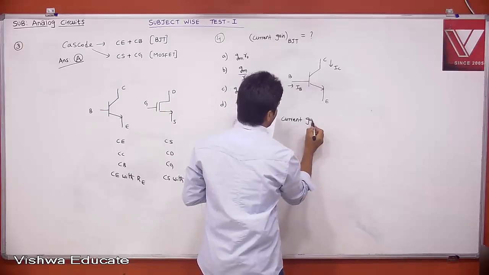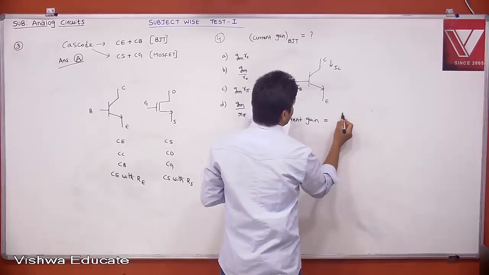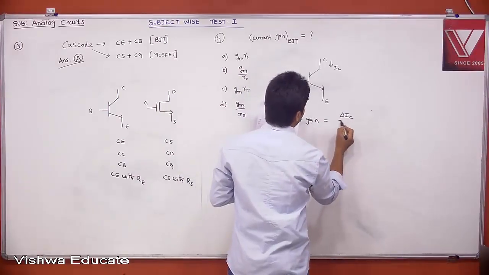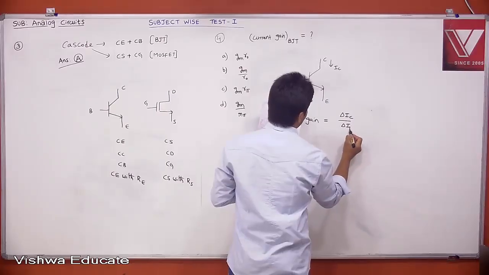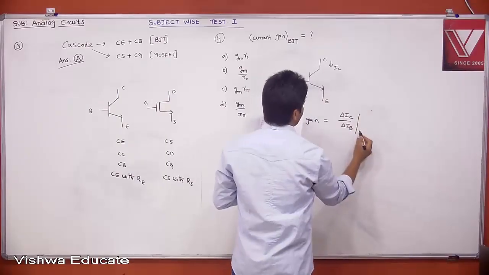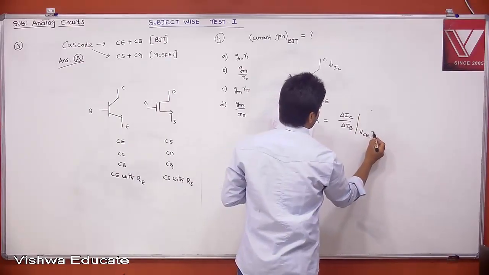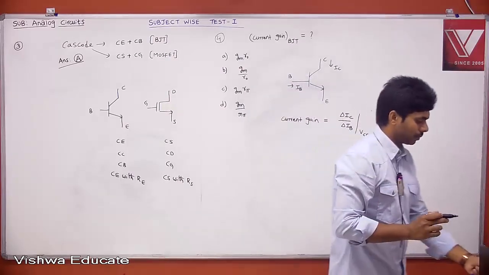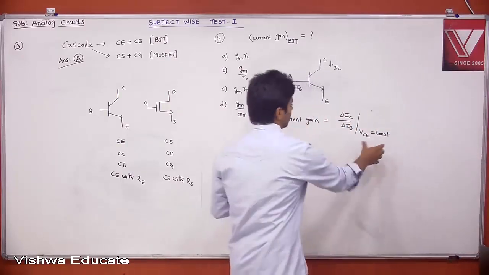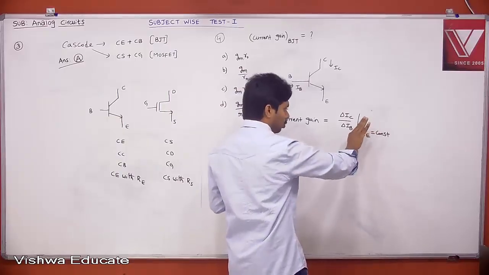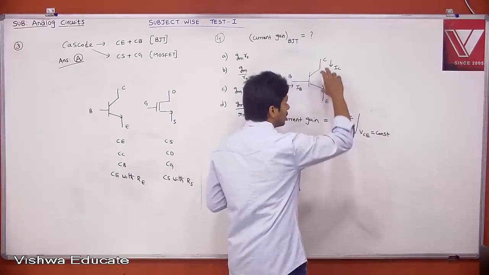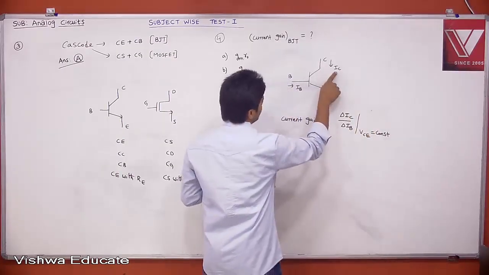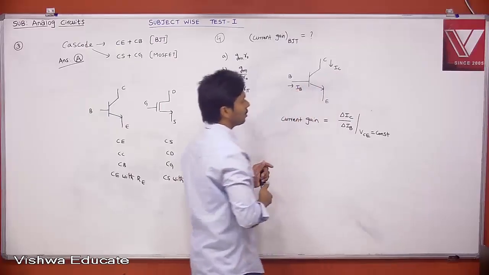Therefore, current gain is defined as delta IC divided by delta IB when your VCE is constant. This condition is important, VCE is required to be constant. What is the change in IC? Only because of IB. That is your current gain.